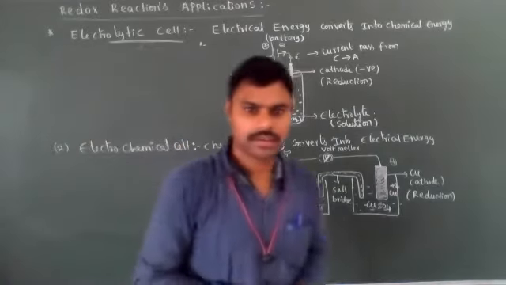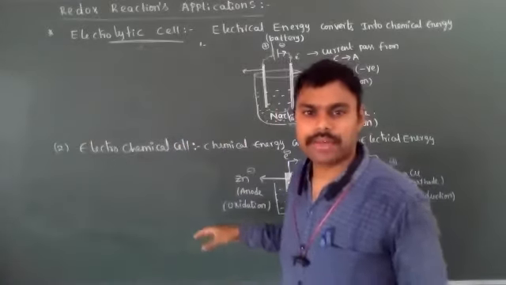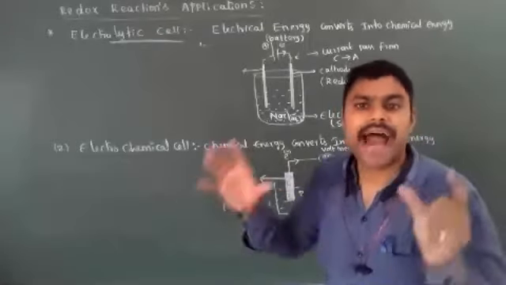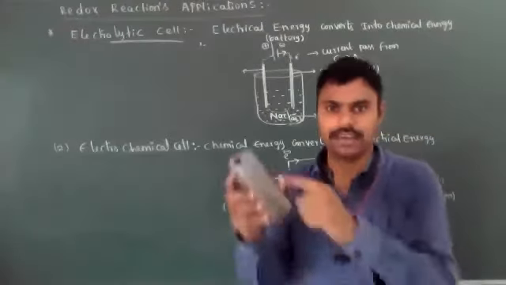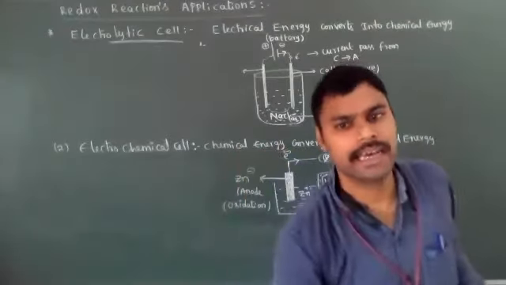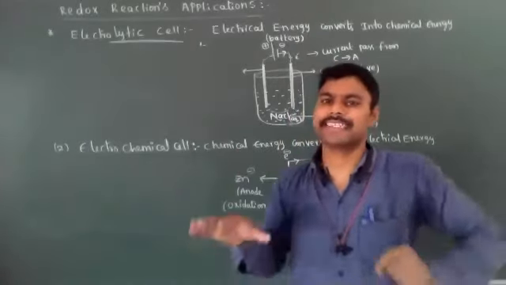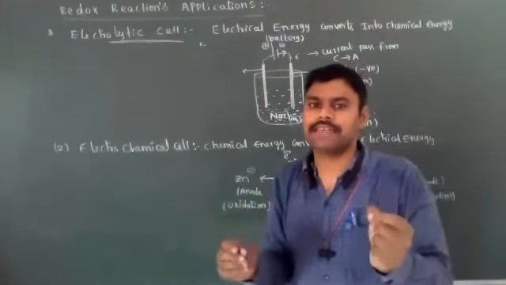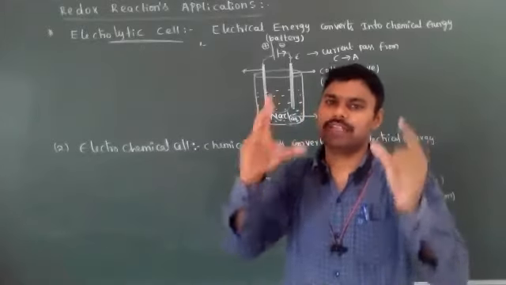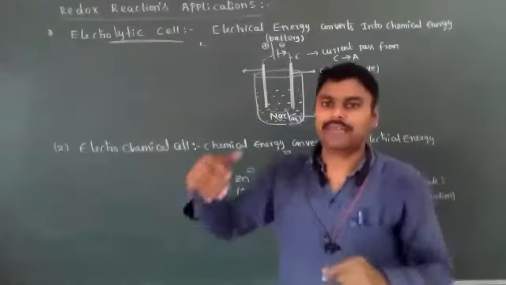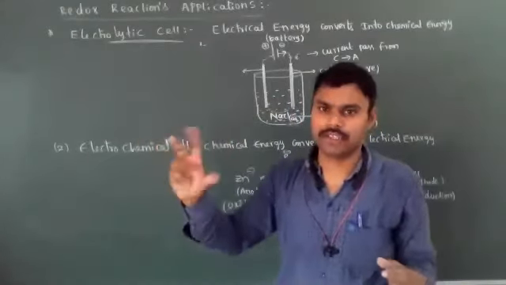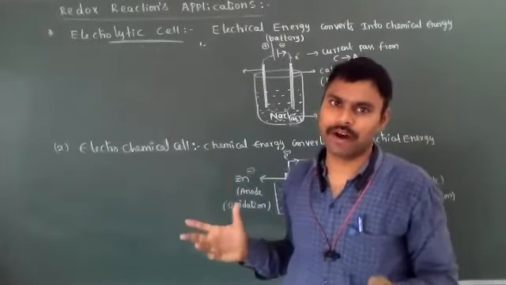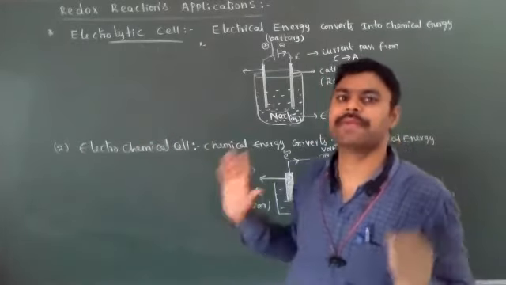This electrochemical cell is nothing but a battery. We are using batteries. Batteries are of two types, primary batteries and secondary batteries. First you have to think only about the primary battery. Primary battery means we cannot recharge it. Once used, there is no power, and reuse is not possible. These types of batteries or cells are known as primary batteries.